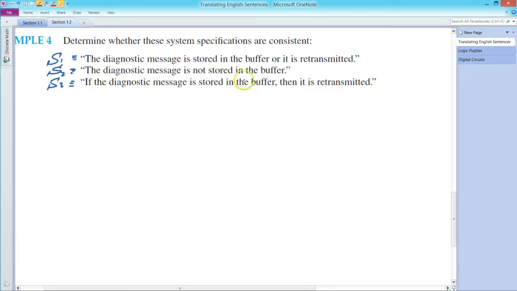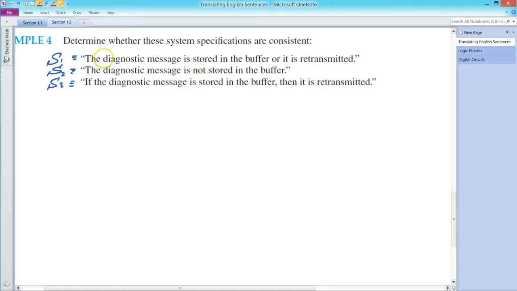Let me read the three specification statements. The first one says the diagnostic message is stored in the buffer or it is retransmitted. The second one says the diagnostic message is not stored in the buffer. The third one says if the diagnostic message is stored in the buffer, then it is transmitted.